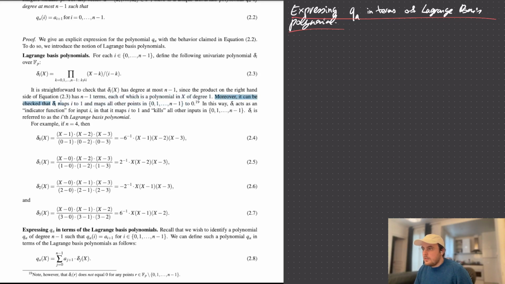Moreover, it can be checked that delta of I maps I to 1 and maps all other points in the input to 0. Okay, let's try.